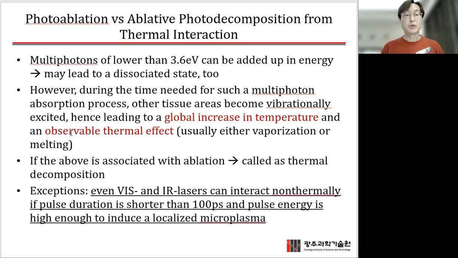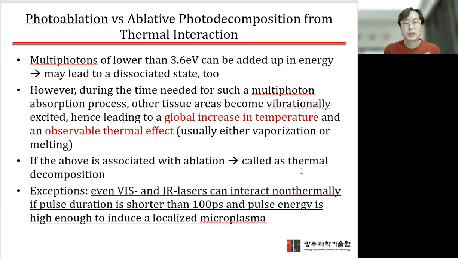And then they will cause some observable thermal effects, which is either vaporization or melting. And if that process is associated with ablation, then it is called thermal decomposition. There are exceptions.